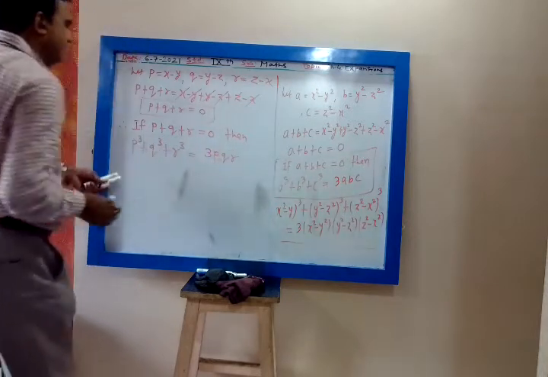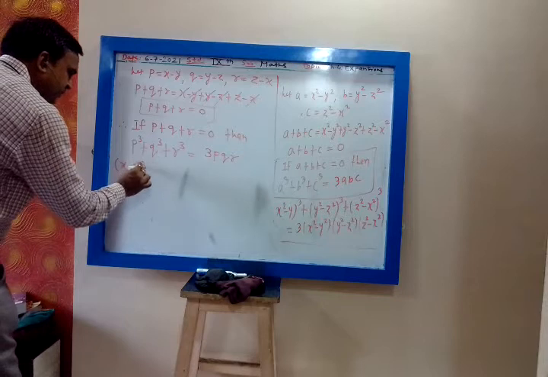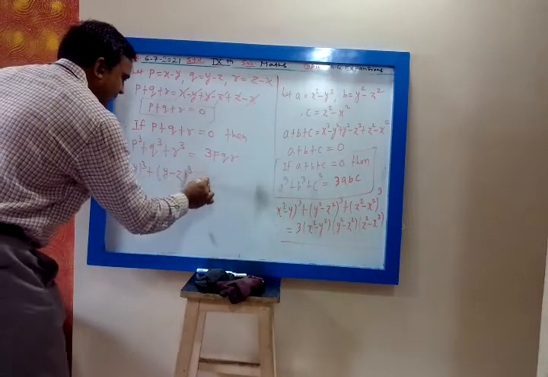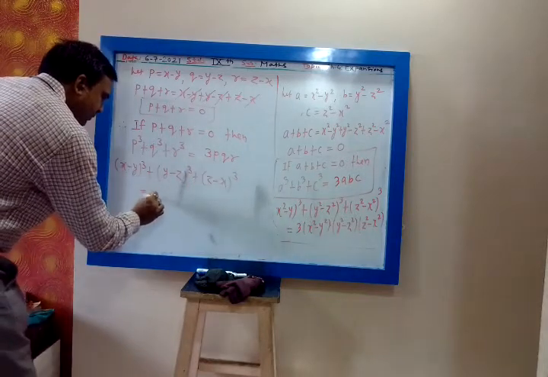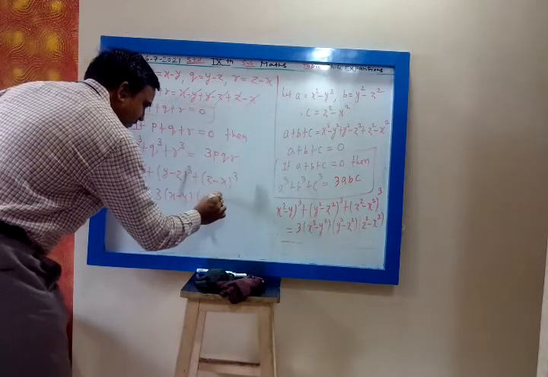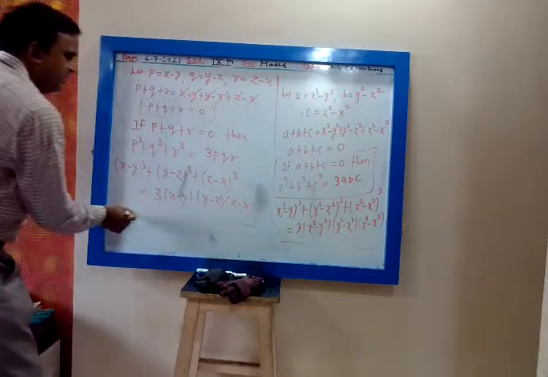Just substitute the values: (x − y)³ + (y − z)³ + (z − x)³ will be 3 into (x − y) into (y − z) into (z − x). So this is the value of the denominator.